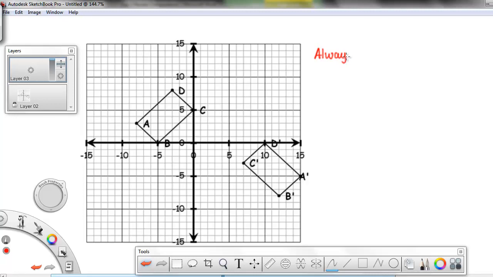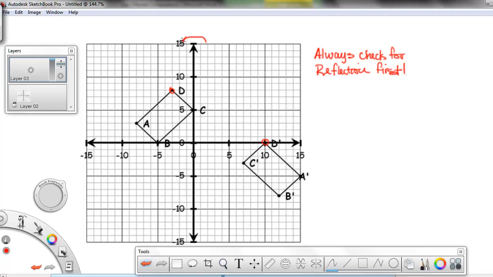Now we have to check for a reflection first, and then we'll check for a rotation. Okay, let's pick some points to take a look at. Let's look at D and D prime.